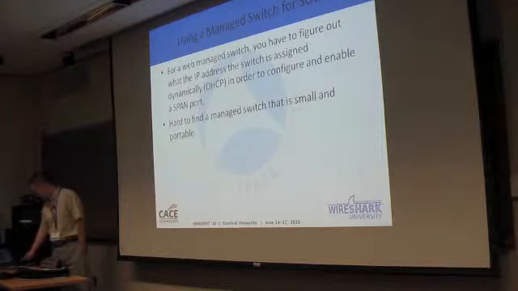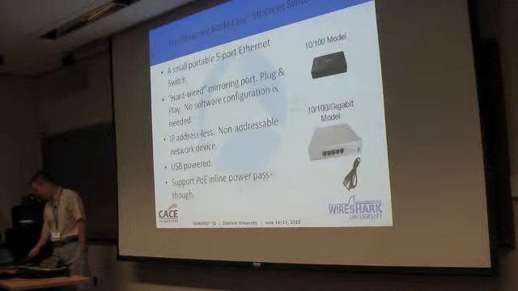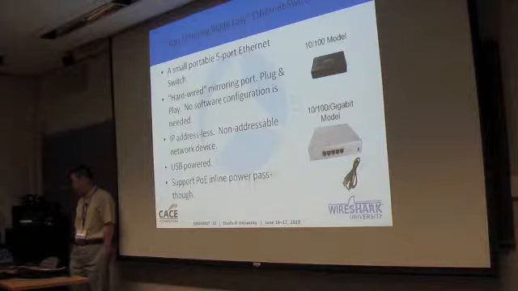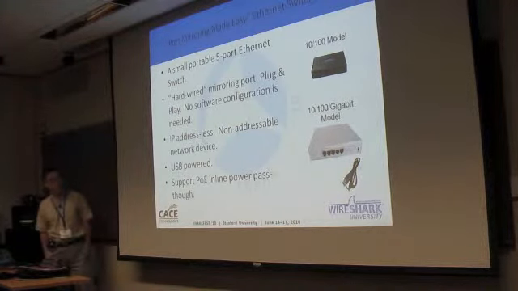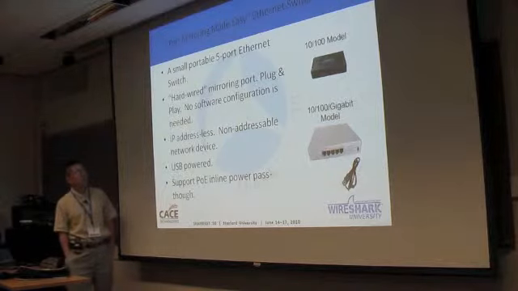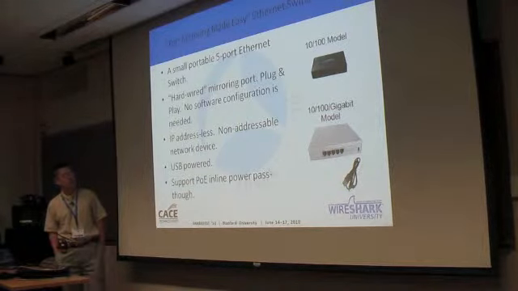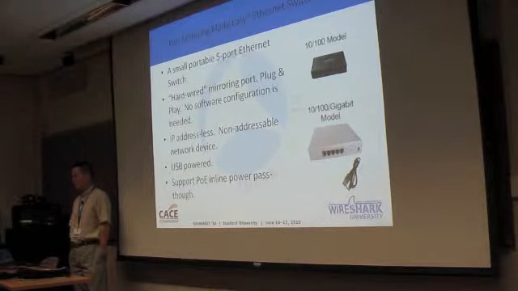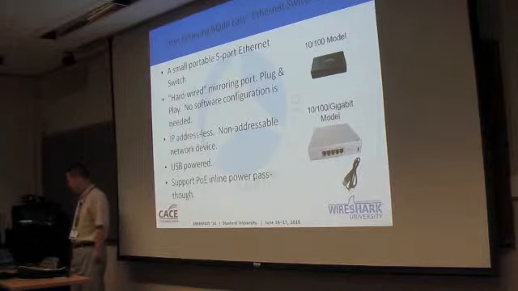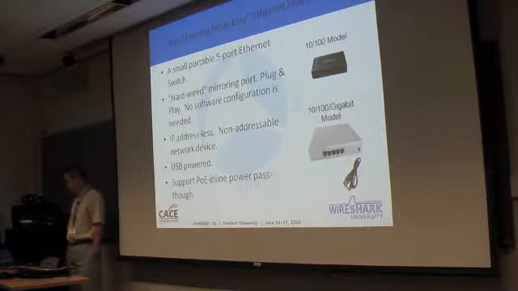Now I have a kind of easier solution, what I call the port mirroring made easy Ethernet switch. This is the one we did. It's a small, portable 5-port Ethernet switch. Actually, the port mirroring is hardwired. You don't need to configure anything. You just plug and play.